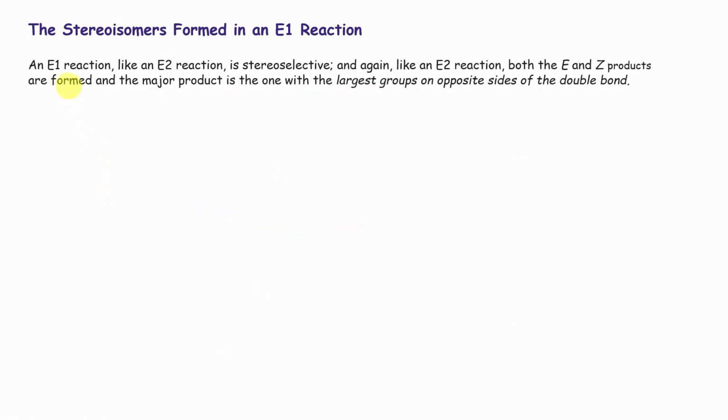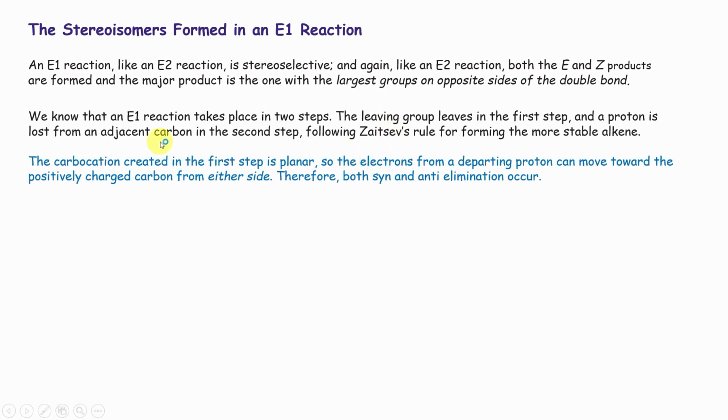See, an E1 reaction like an E2 reaction is also stereoselective. Like the E2 reaction, both E and Z products are formed, and the major product is the one with the largest groups on opposite sides of the double bond. We know that an E1 reaction takes place in two steps.